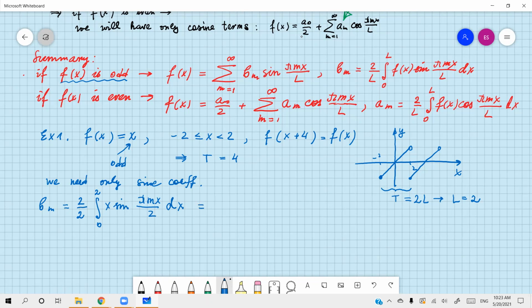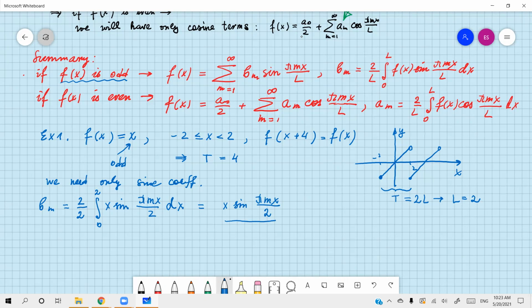Unfortunately, all these integrals will need to be calculated by parts, and that's what I'm going to do. So 2 over 2 is going to give me just 1, right? So I'm going to skip it. And I'm going to have x sine of pi m x over 2. Why is it 2 here? It's supposed to be L, but my L is 2, right?